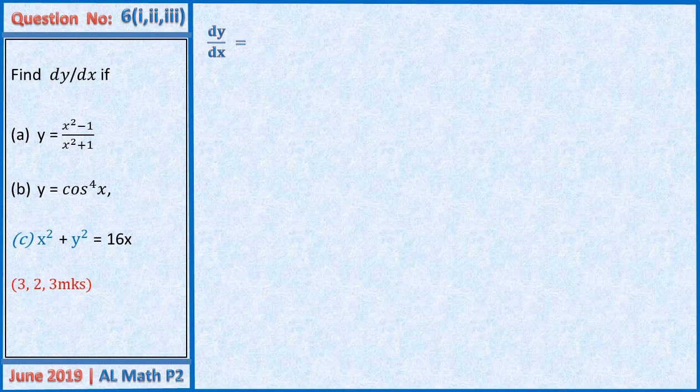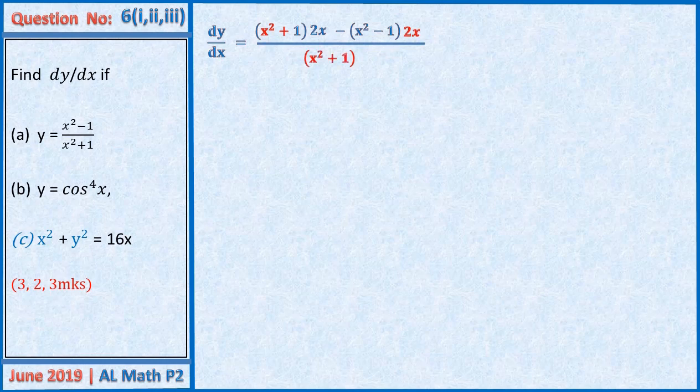So this gives us bottom constant. We differentiate the top, we have 2x, minus top constant, then we differentiate the bottom, we have 2x, all this on the bottom squared. That is (x squared plus 1) all squared. Remember, you always start with the bottom squared minus that.